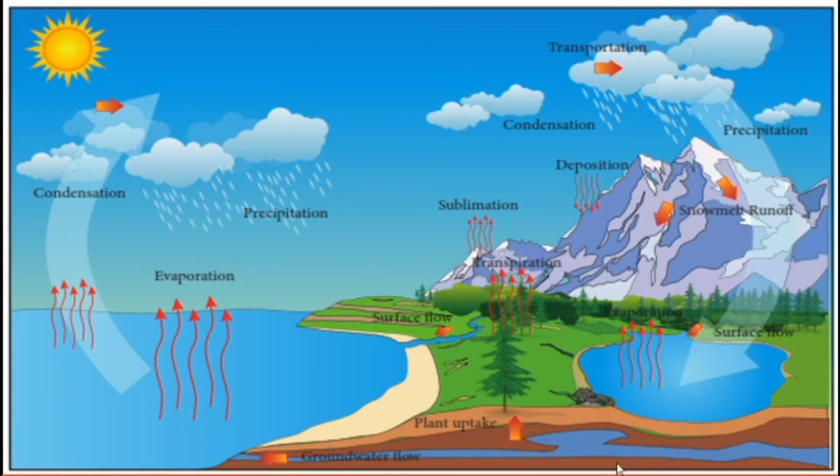So the groundwater flow, it is also called a borewell. Because of the groundwater flow only, we are getting enough water for our usage. Look at this picture. It is very simple to understand what sublimation is, what condensation is, what transpiration is.